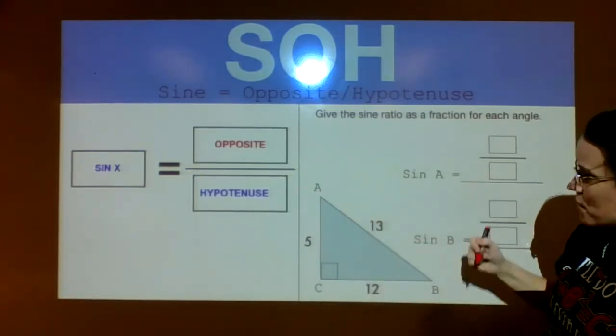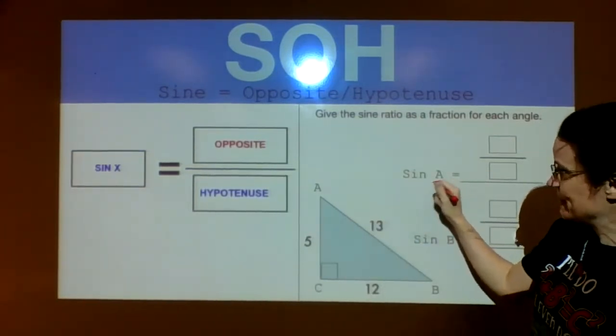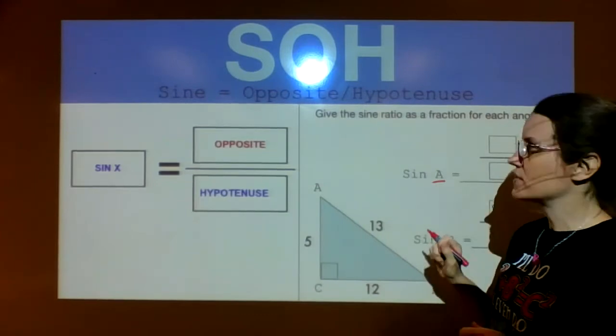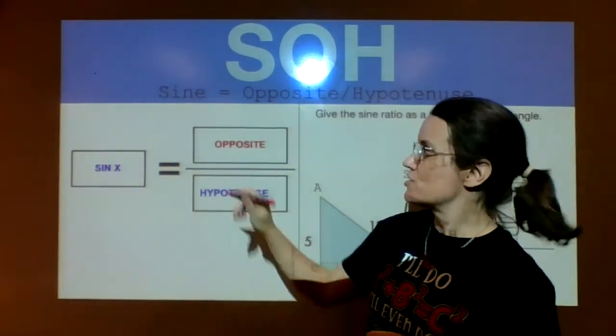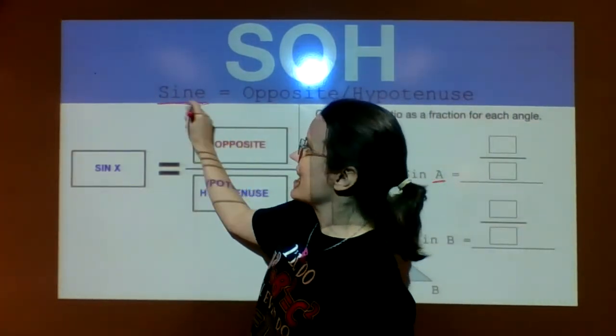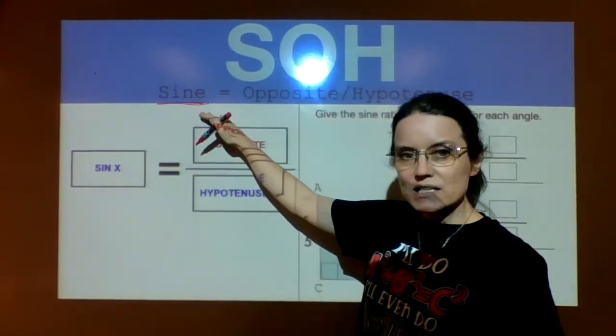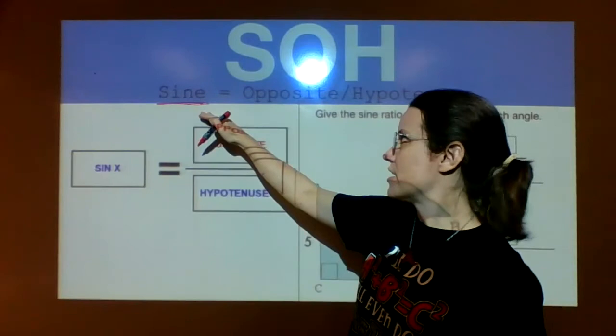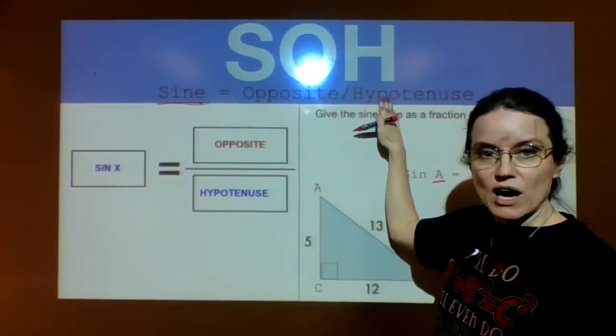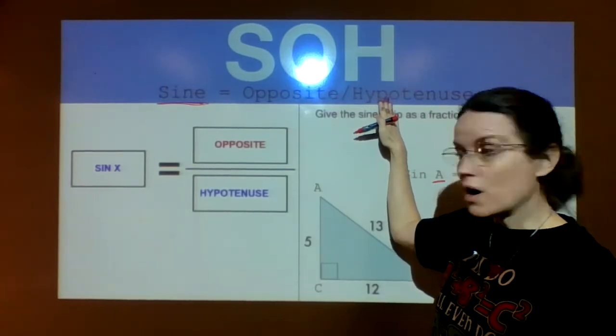So if I am focusing on angle A, I'm going to look for a relationship called the sine, S-I-N-E. So the sine ratio is the ratio of the opposite side from your given angle compared to the hypotenuse of that triangle.